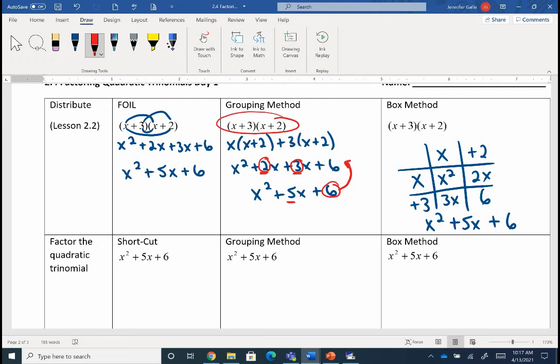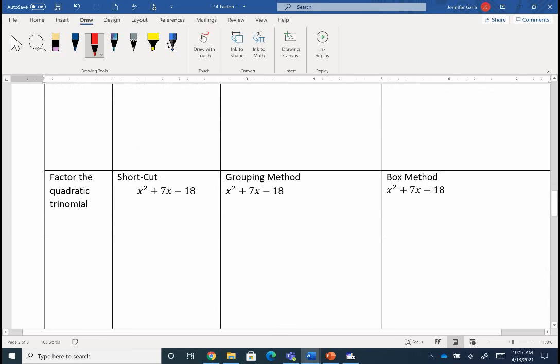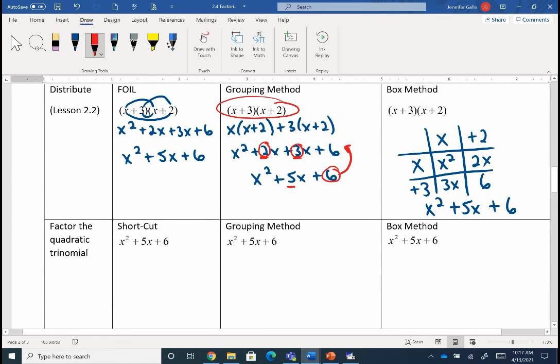So to work our way backwards, we have to split our trinomial back into a polynomial with 4 terms, no matter which way we're going to choose today. We need to take our 3-term trinomial and get it back into 4 terms. So we need to find, to do that, sorry guys, this is really touchy again today.